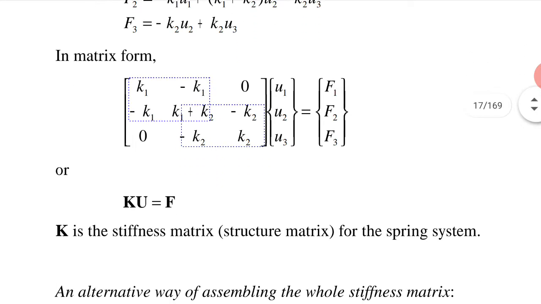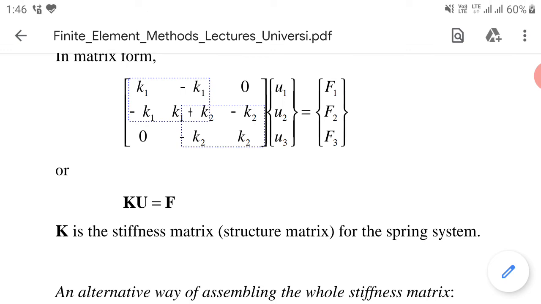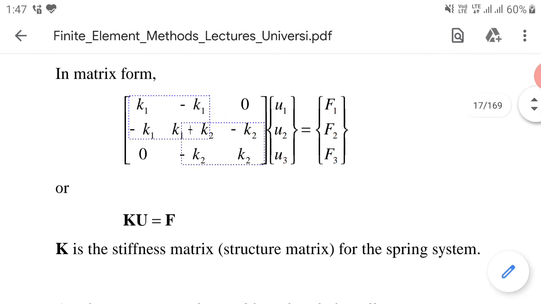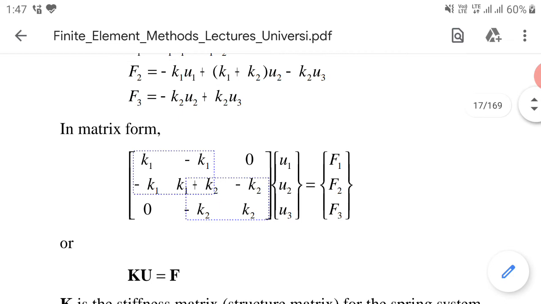Here we have k1, minus k1, minus k1 and k1, which is for node number 1, and we have just added the last element of the element stiffness matrix for element number 1 and the first element of the element stiffness matrix of element 2, because both correspond to node number 2.